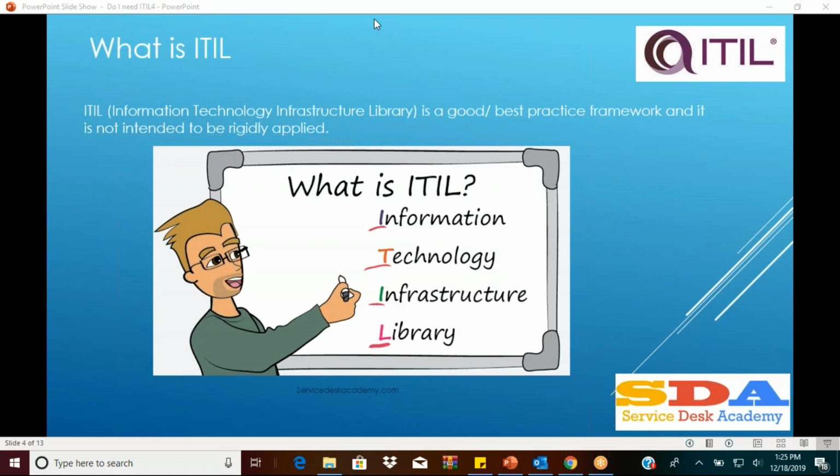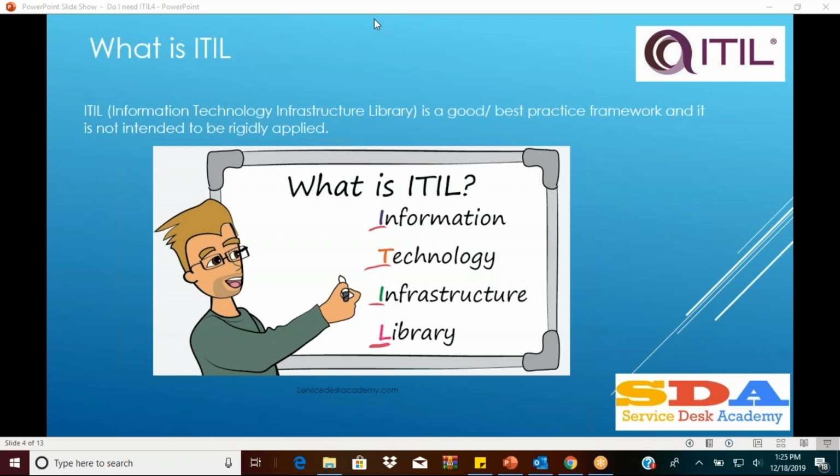Though there are many best practices, ITIL is a very popular best practice framework. It's been 3 to 4 decades, and yet ITIL has got its own prominence and can be considered a very successful best practice framework.